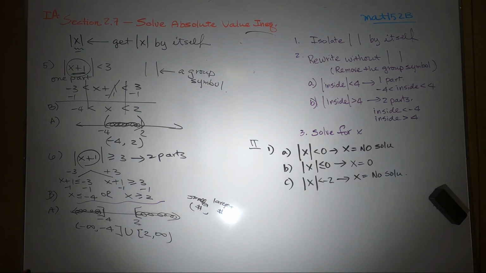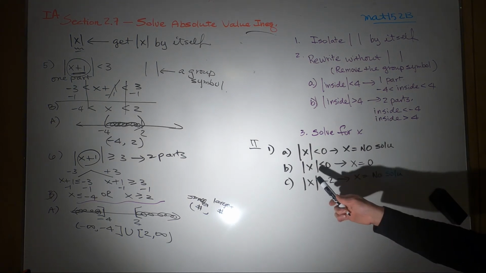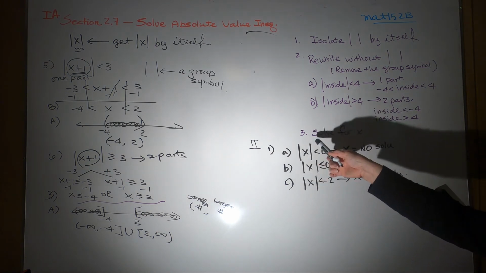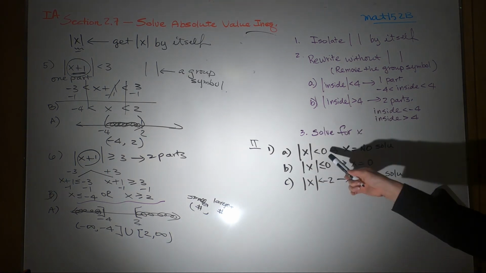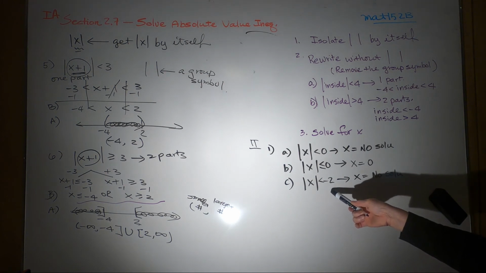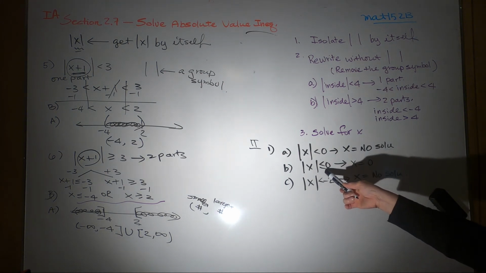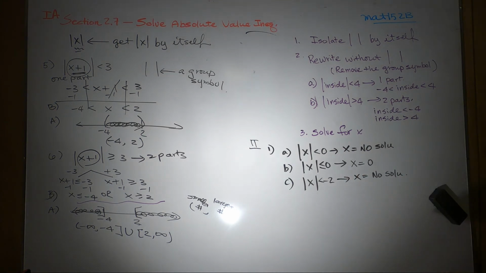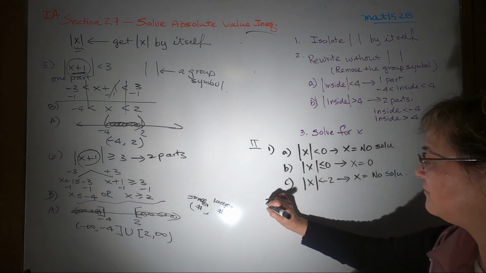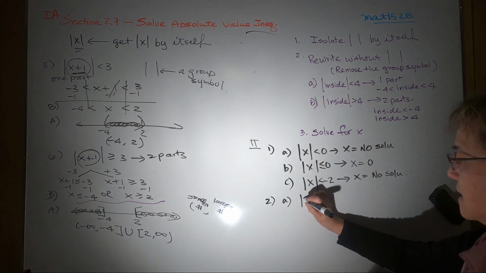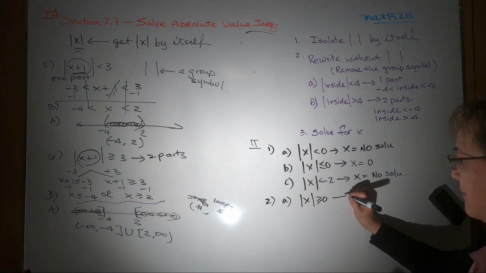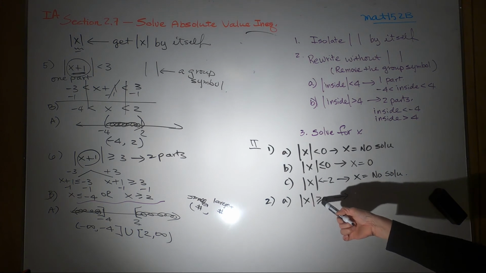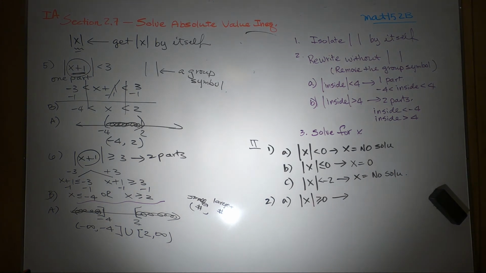So we are analyzing the behavior and the characteristics of the absolute value. It can never be less than 0 or less than a negative number, but possibly be 0, right? Okay, if it's greater than, let's see, absolute value of x greater than 0. Is that possible? 1, 3, -1, -3, or 0, always bigger than or equal to 0, right?